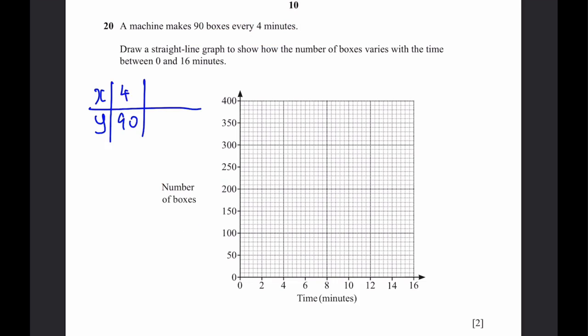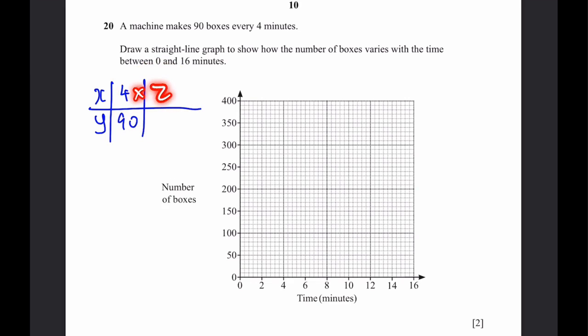Now, for a second value, if you multiply X by 2, we have to multiply Y by 2 as well, since of course a straight line graph has direct proportion, which means that if we multiply the X value by 2, we get Y into 2, because of the same operation. If we divide X by 2, the Y value is also divided by 2.